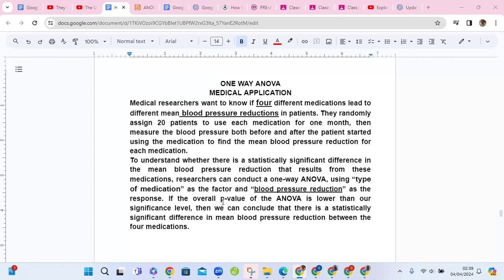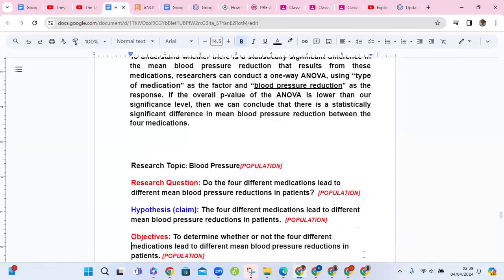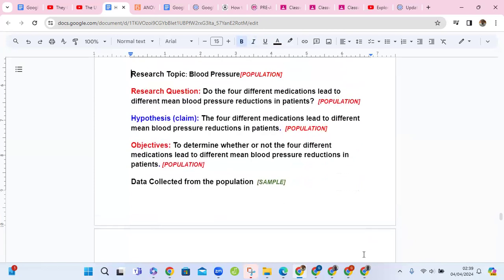So let's look at the setup as a research with a topic. The topic is blood pressure, for example, and the research question is, do the four medications lead to different mean blood pressure reductions in patients? And that's talking about the population.